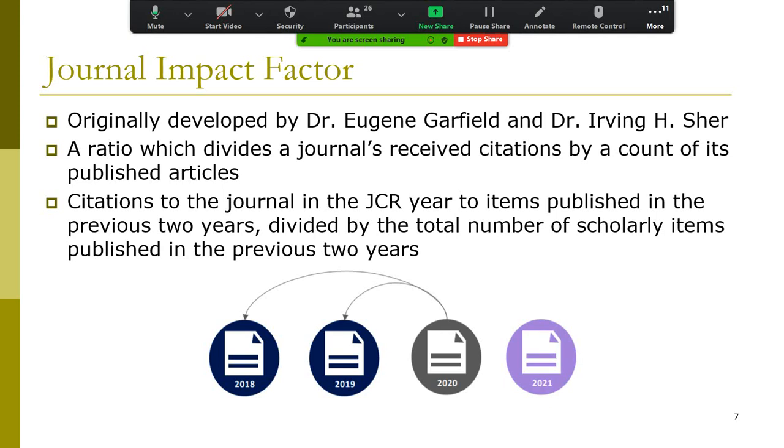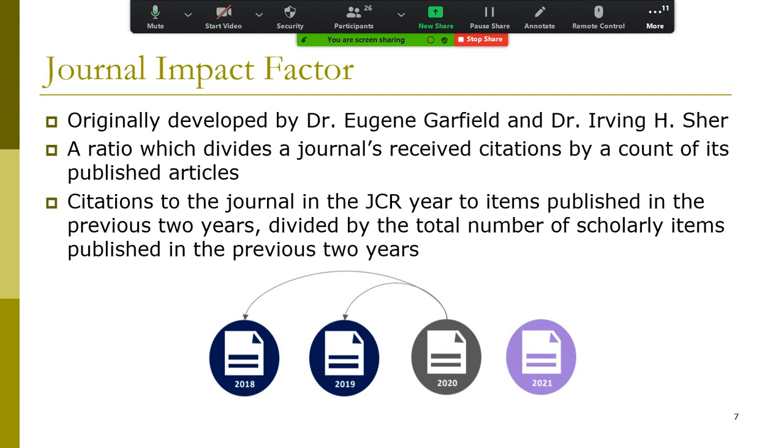Look at this figure below. JCR is an annual publication. Every year in the month of June, it is available. In June 2021, we call 2020 the JCR year. So 2020 was the JCR year.